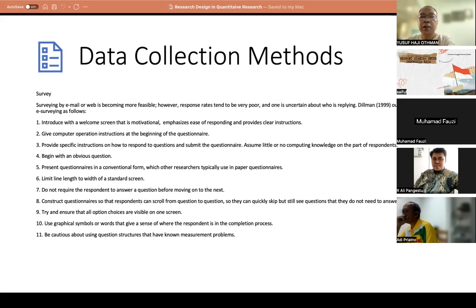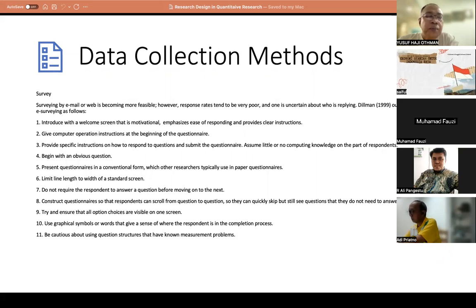So the questions that you want to ask in the questionnaire must go through validity and reliability tests.